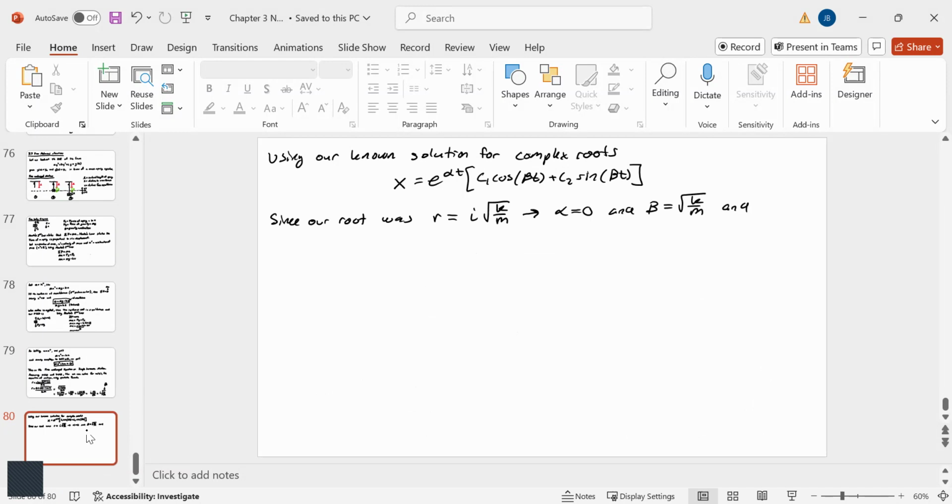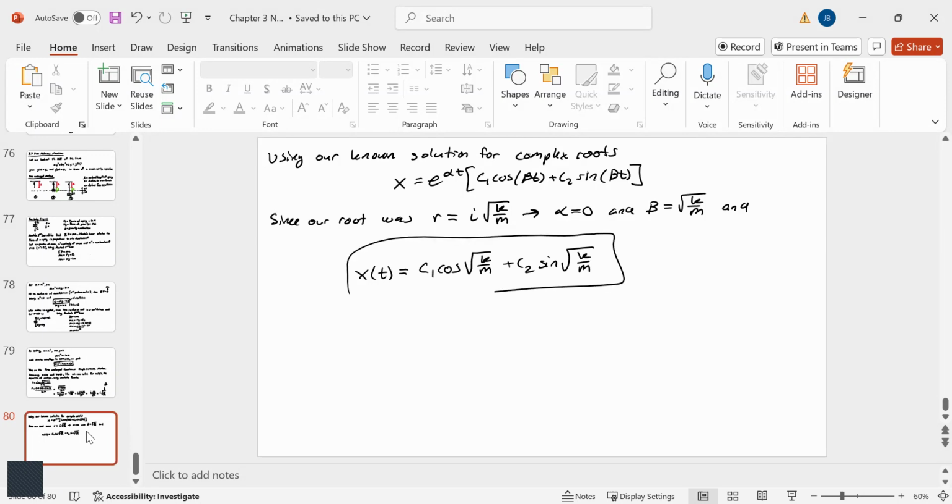And our equation of motion is c1 cosine square root of k over m t plus c2 sine square root of k over m t. And that's it. We have solved the equation of motion. Don't forget t there. And that's how we model how the spring is moving up and down, or however the motion is being described.